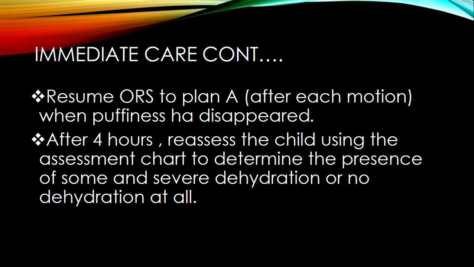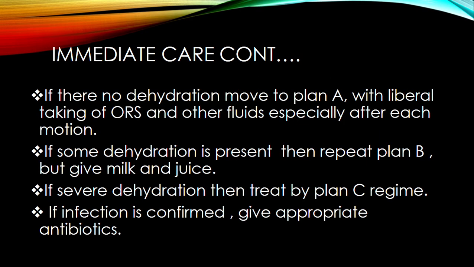If we notice that the child has not improved but has even become worse and has now developed severe dehydration, we have to switch to plan C. If the child is no longer dehydrated, then it means our management has worked. So if there is no dehydration, move to plan A, which is giving ORS slowly.